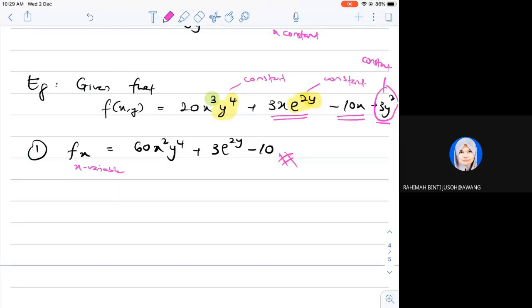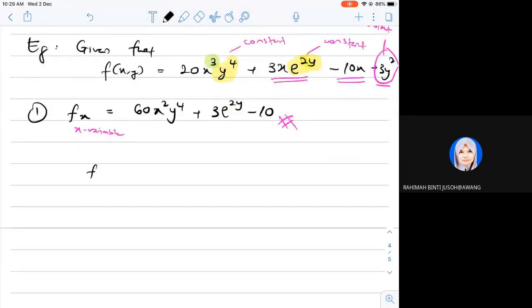Now let me copy the question again, because I want you to understand the concept of differentiating constants and variables properly. f(x,y) equals 20x cubed y to the power of 4 plus 3x exponent 2y minus 10x plus 3y squared. Now number 2, we differentiate with respect to y.